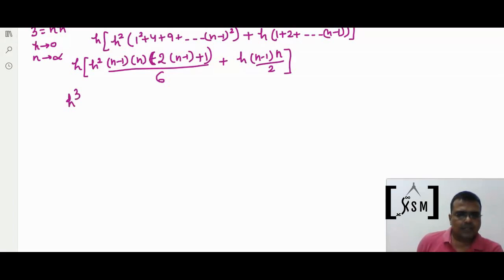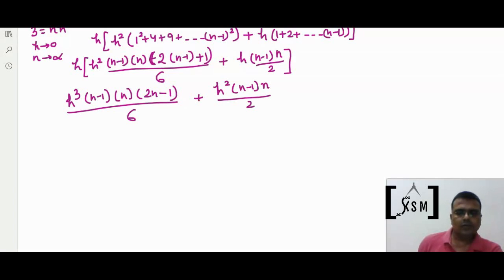It becomes h cube times (n minus 1) times (n minus 1) all over 6, plus h square times (n minus 1) times n all over 2, and this is limit h tends to 0 or n tends to infinity. Okay.